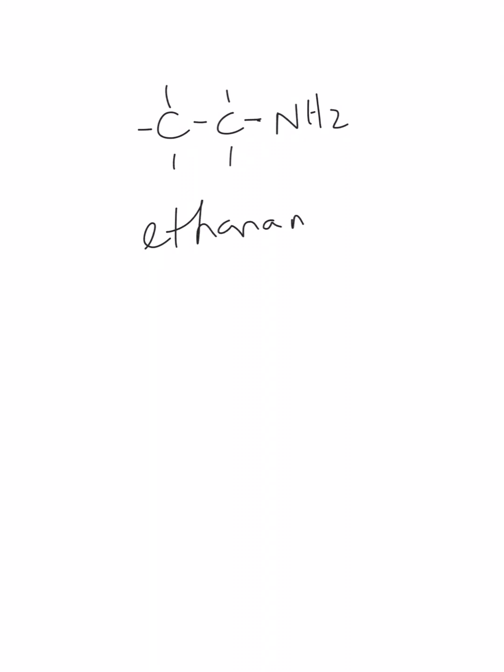One more note about amines. Are they polar or non-polar? Let's just take this little guy right here and try to analyze it. This is ethanamine. Polar or non-polar? Well, the answer is that it's polar.